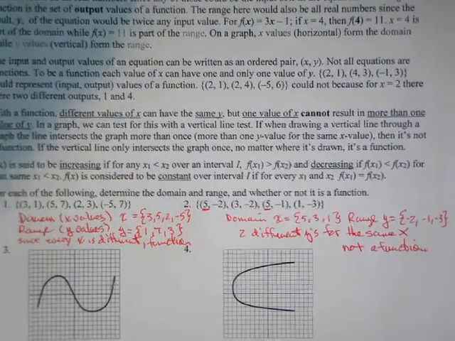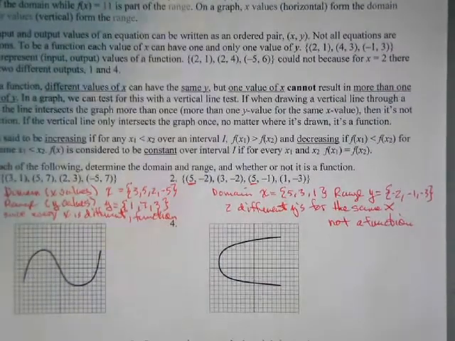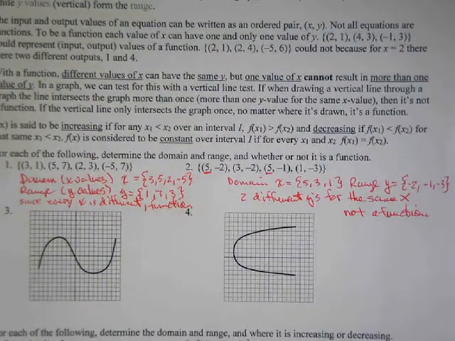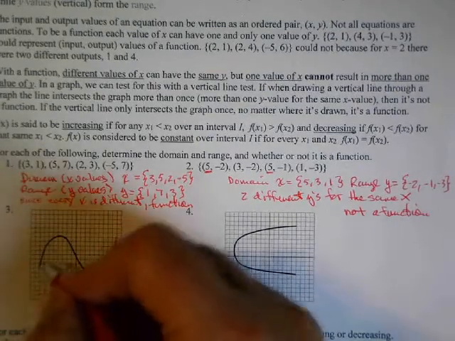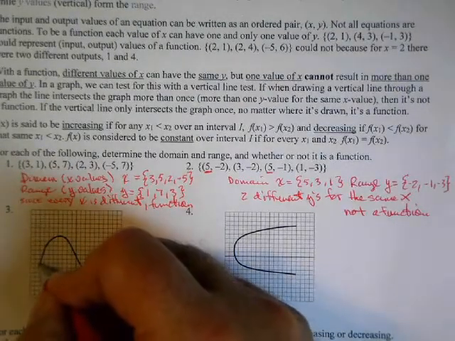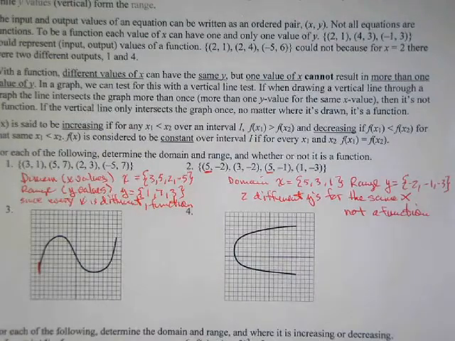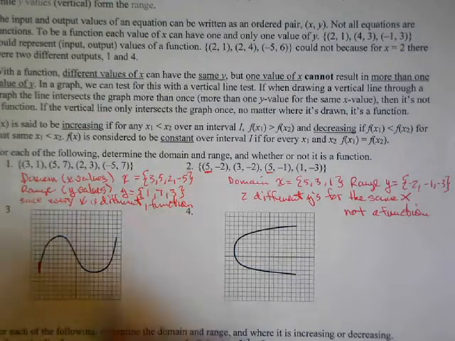Now, when we have graphs, we are going to take, if you will, some little liberties in terms of our values. First of all, even though we can't be sure, we're just going to say that it starts there and it ends there.